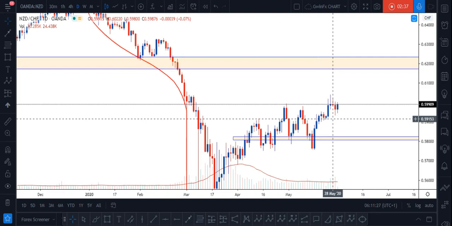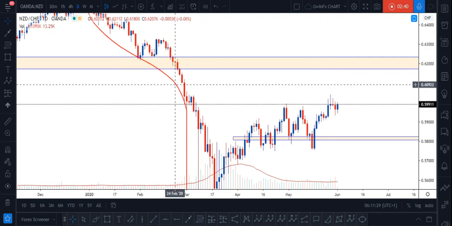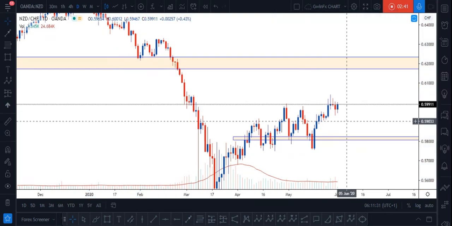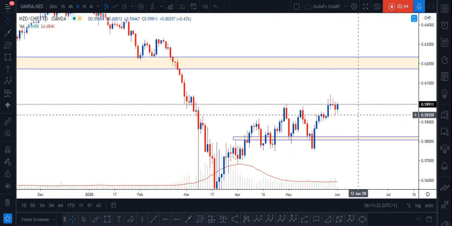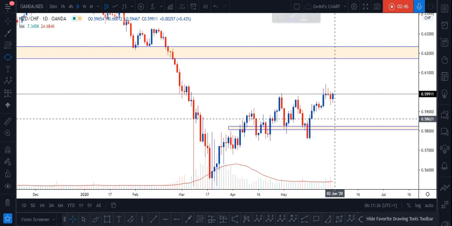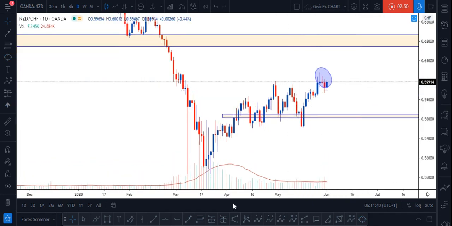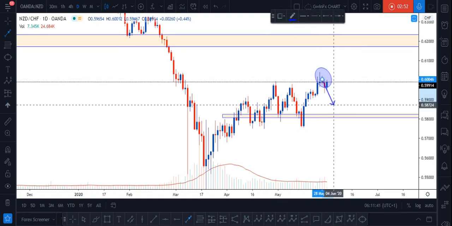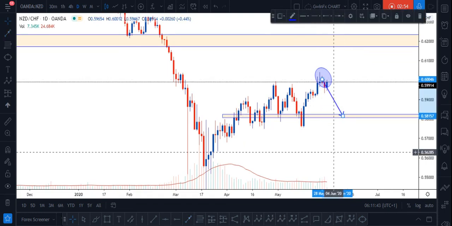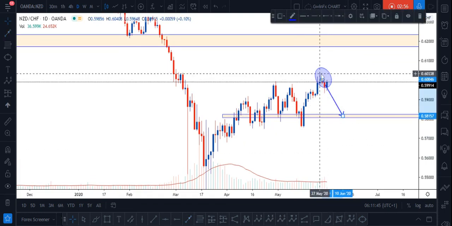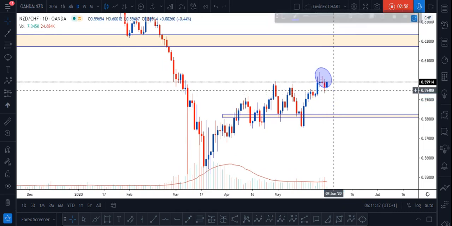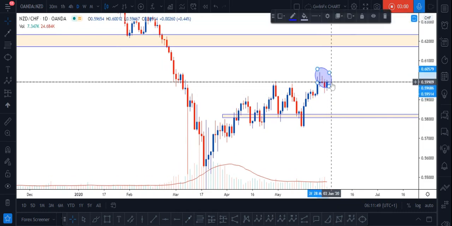I don't know why that is, but certainly, if I would have a reaction inside of this area here, a sell signal here, I would look to sell price back to here as initially planned. But if not, I will continue doing what the market is doing.